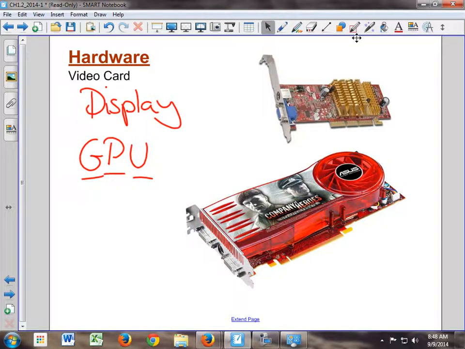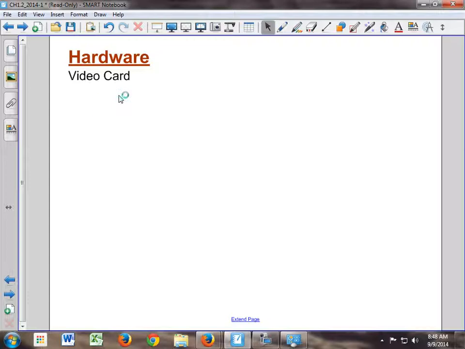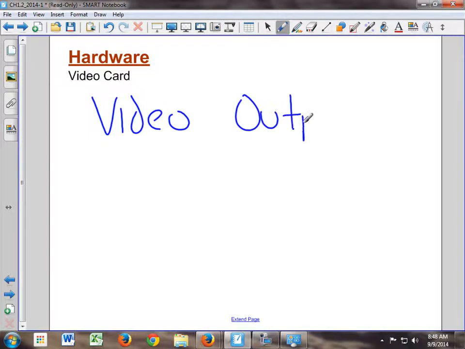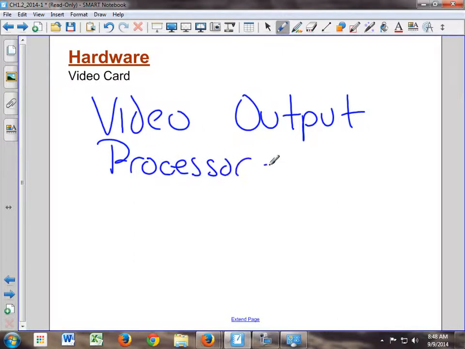So it creates the video output. It has a processor of its own called the GPU, or the graphics processing unit. It needs memory.